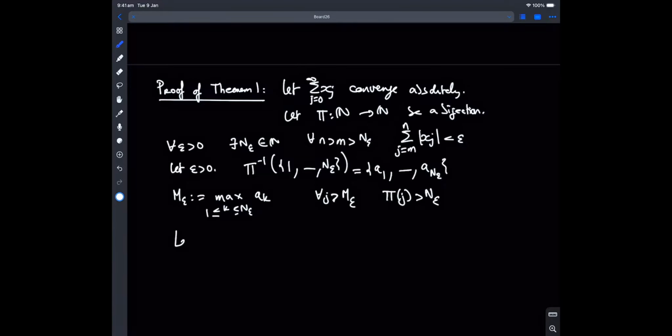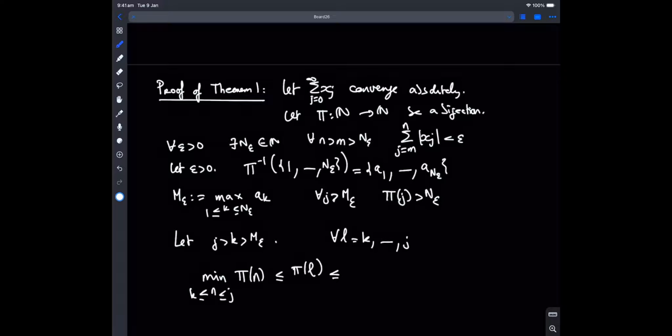Okay, let's give ourselves a j and a k both above M epsilon. We're going to need to consider the sum of the x pi l when l runs between k and j. And one thing I can say is that for all l running between k and j, pi l is certainly going to be greater than the minimum of the pi of n when n is between k and j, and it's going to be smaller than the maximum of the pi of n when n is between k and j.